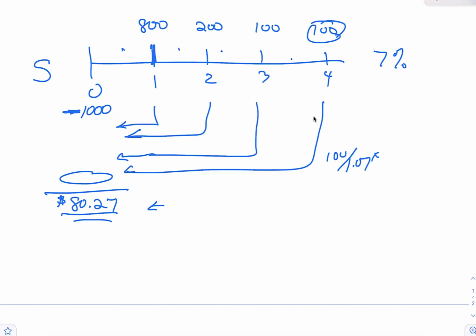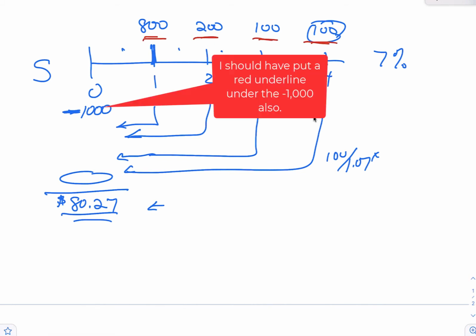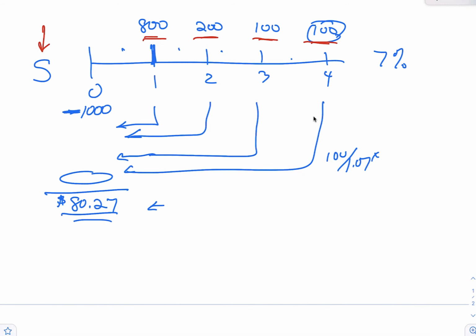Now, before we go further, let's keep in mind what these cash flows represent and what they don't represent. These cash flows here that we're looking at represent all of the revenue and all of the expenses associated with this Project S, except for financing costs.